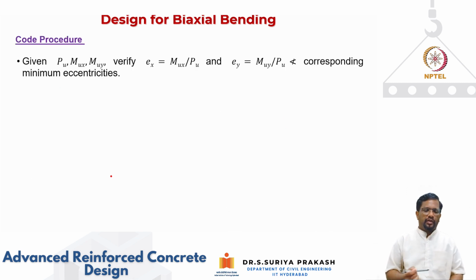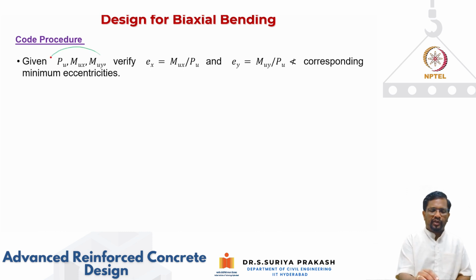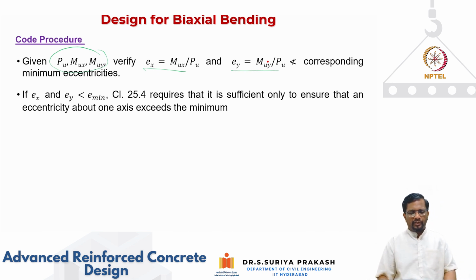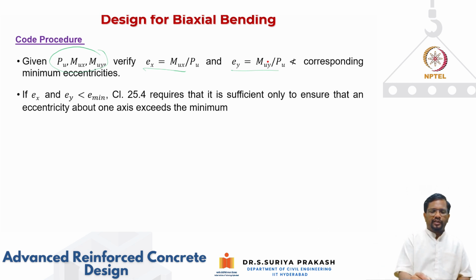So given the demands Pu, Mux and Muy, verify the eccentricities, and these eccentricities should satisfy the minimum eccentricity. If ex and ey are less than e minimum, the code says it is sufficient to consider that the eccentricity about one axis exceeds the minimum.